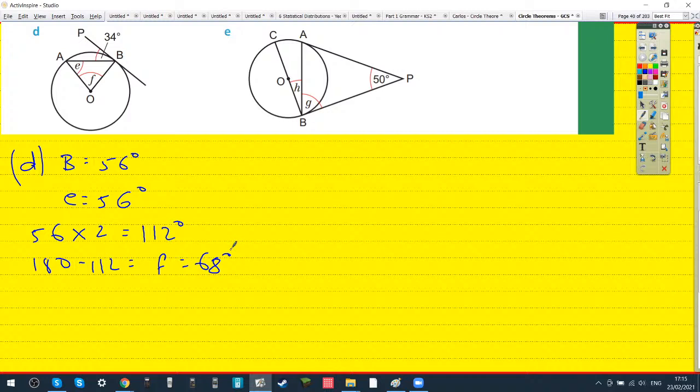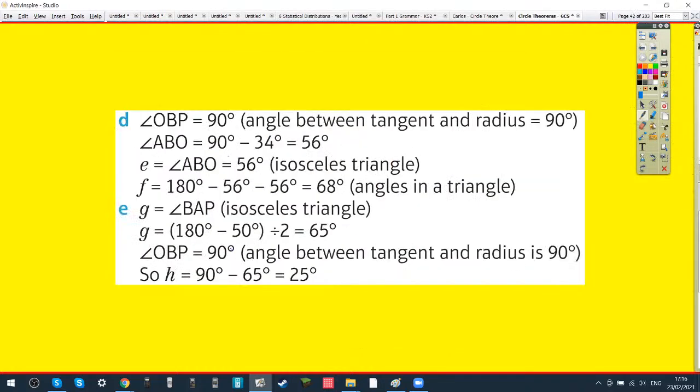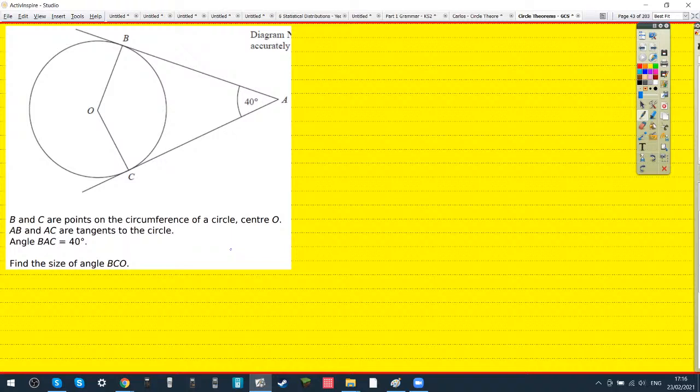Let's see. This last one looks a bit weird. I don't know. I'll leave that one. I think we're okay. That was question E. It's isosceles. Okay. Right, let's try this one. The size of the angle BCO. So B to C to O. And so it's that angle in there.